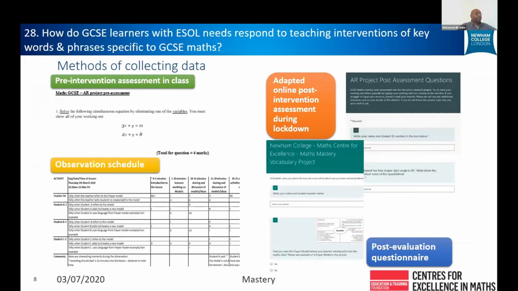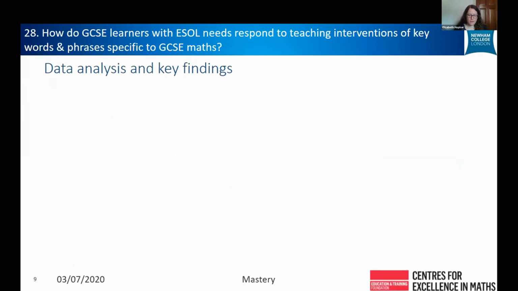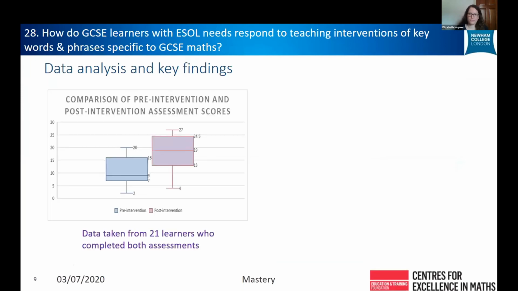We did the pre-intervention assessment in the class as planned, but unfortunately, due to COVID, we were only able to complete 1 peer observation of each teacher. We then adapted the post-intervention assessment and the student evaluation to online forms as well. And then the data is collected.